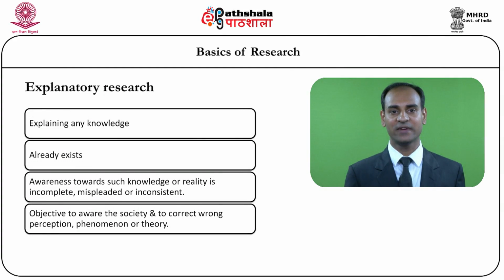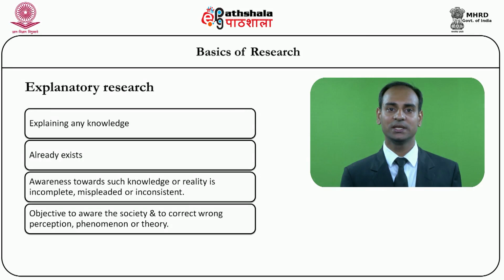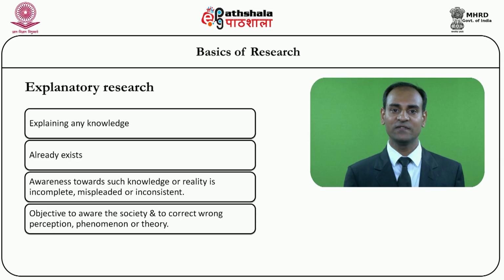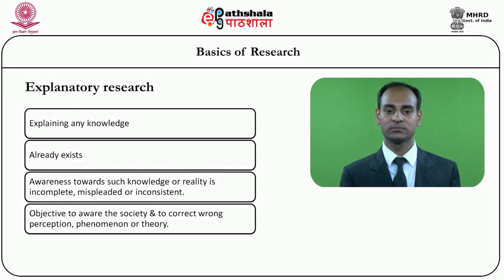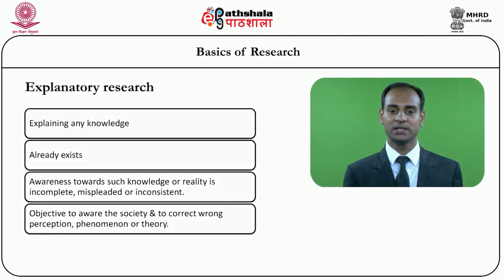Any knowledge, any fact which exists in the society, and the society and group of people are already aware of the existence of the fact, but their knowledge is somewhere not perfect. They may not be aware of the reality of that fact, or their knowledge of reality is incomplete, misleading or inconsistent.